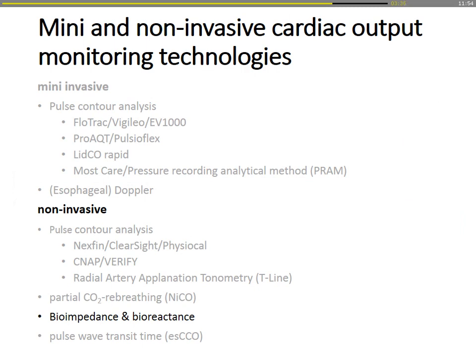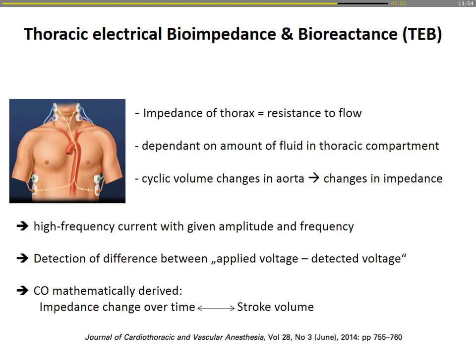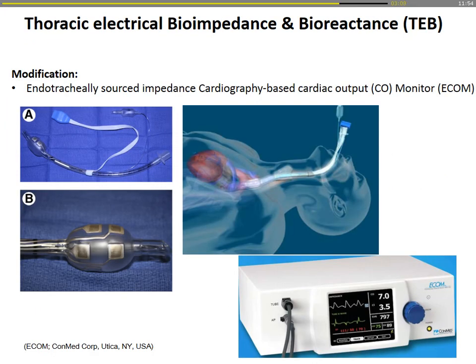The bioimpedance and bioreactance methods, maybe you heard about, they are also very non-invasive. They just use electrodes attached to the body surface, and they measure the impedance of the thorax, which is the resistance to flow, and changes by the output of the heart into the aorta are measured using a high-frequency current, where they can derive stroke volume.